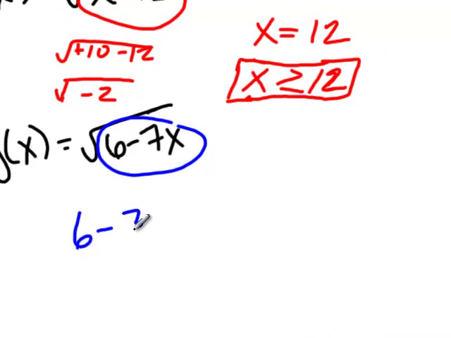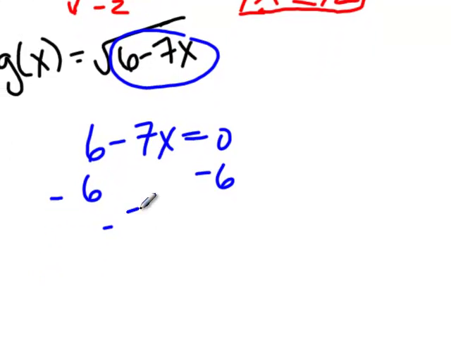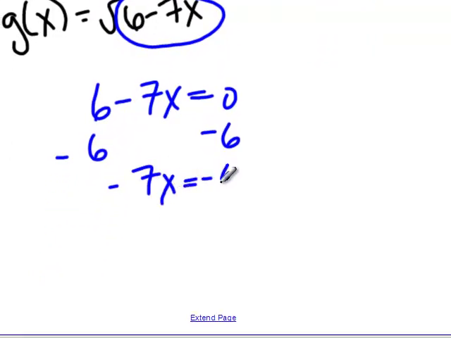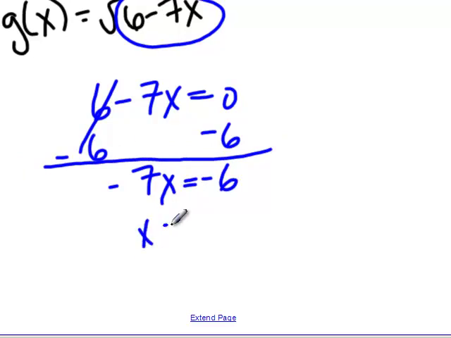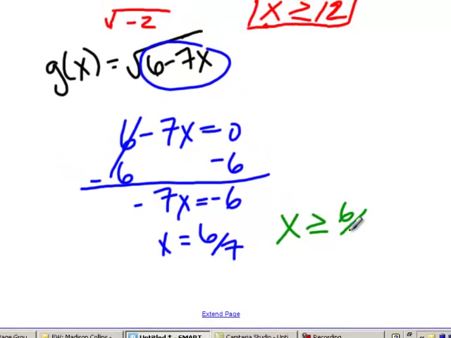So you get 6 minus 7x equals 0. Solve. So you get x is 6/7, but x has to be greater than or equal to 6/7.